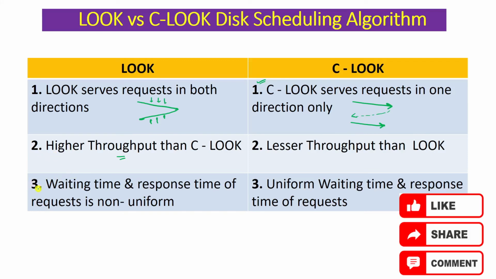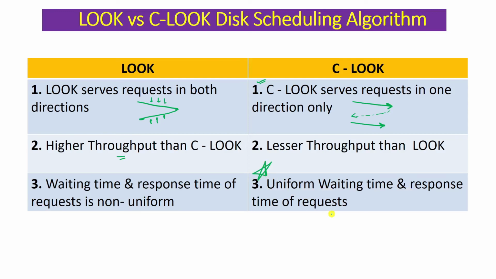Now the same question you can ask: then why are we introducing CLOOK? This is the main thing: in CLOOK we have uniform waiting time or response time of the requests. If we start from here, then the next time again we will start from here.